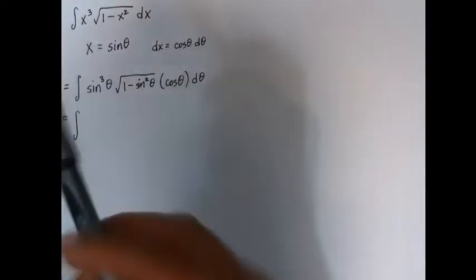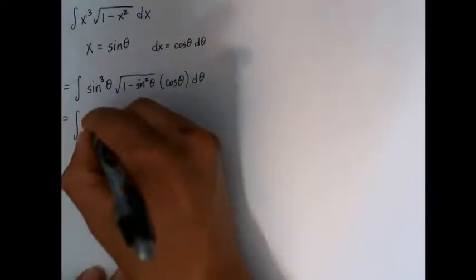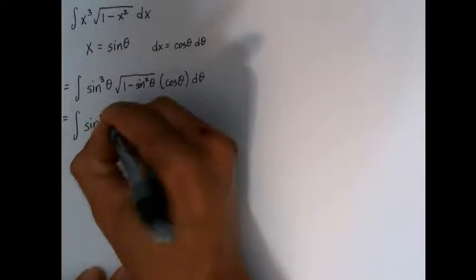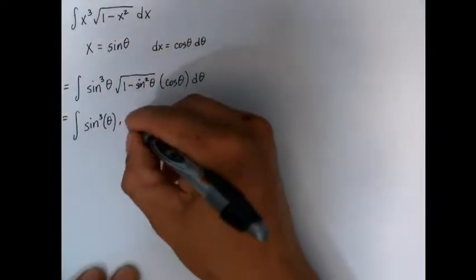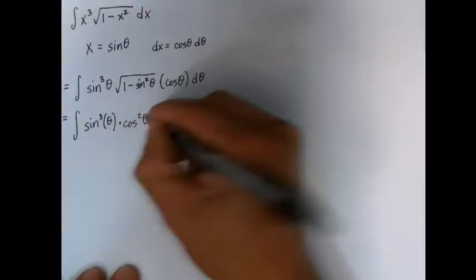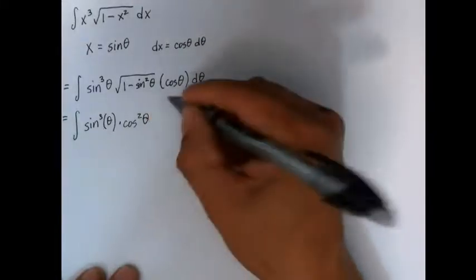So when you multiply those two up, you're going to have sine cubed theta times cosine squared theta d theta.